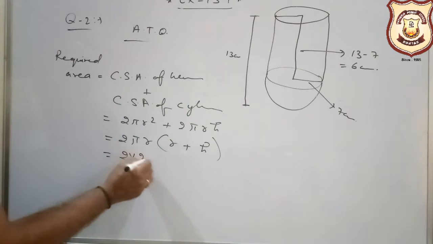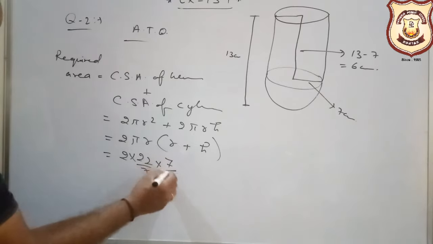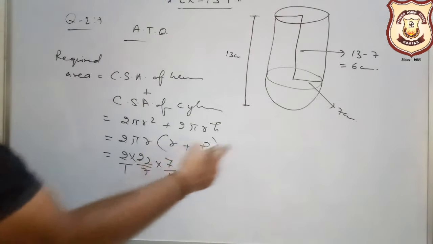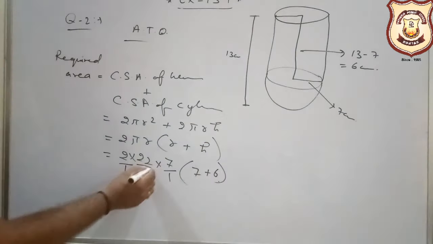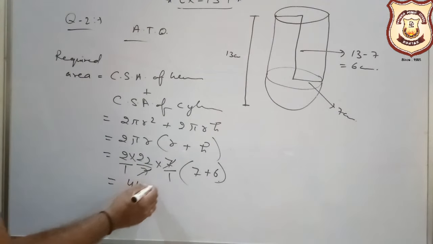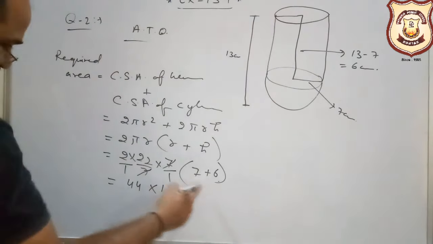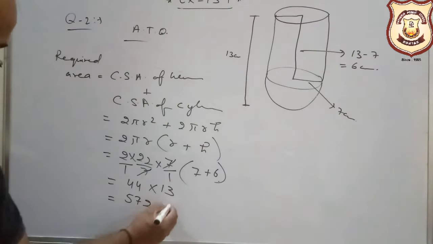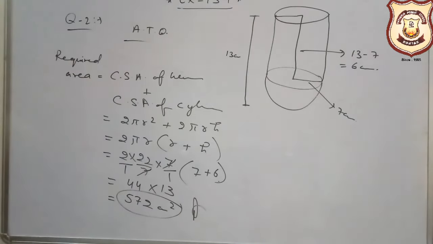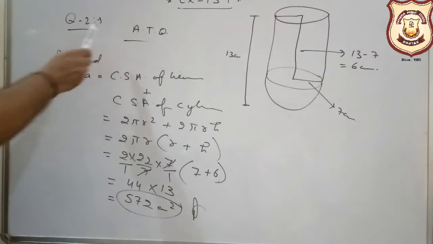Put the values: 2 into 22 by 7, 7 by 1, r is 7, height 6. 7 cancels with 7, 44 into 13, 7 plus 6 is 13. 13 fours are 52, so the answer you will get is 572 centimeter square. So students, complete this till question number 2.